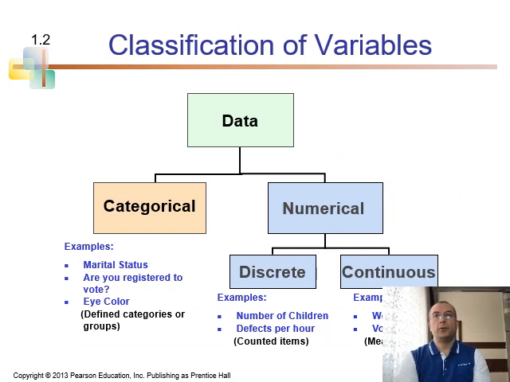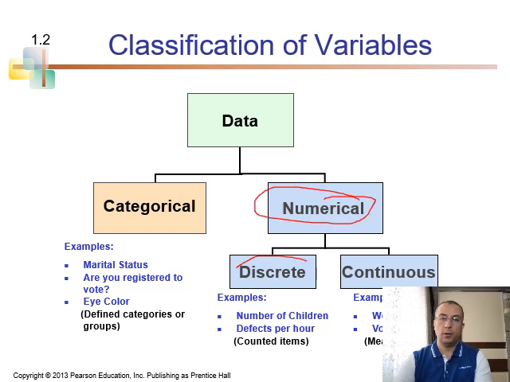So for any kind of statistics, we need data. So data is the foundation of statistics. And data can be continuous or it can be discrete. So if it is numerical, then it can be either discrete or it can be continuous.